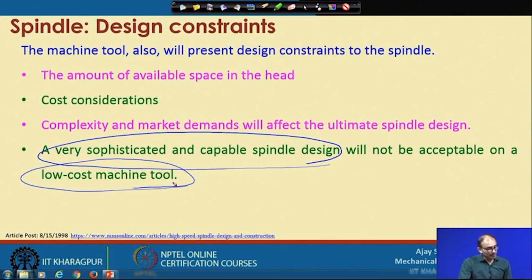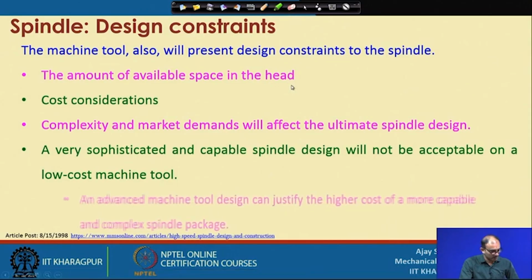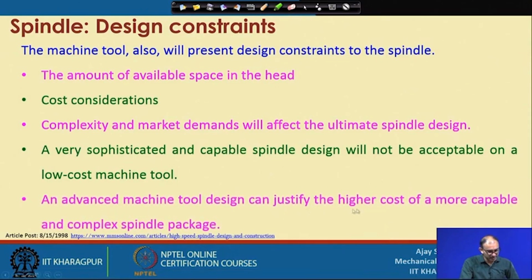So, the machine also demands something where the spindle has some application. Better to first see the level of accuracy of the machine tool, and then decide which type of sophisticated spindle you can use. An advanced machine tool design can justify the higher cost of a more capable and complex spindle package.